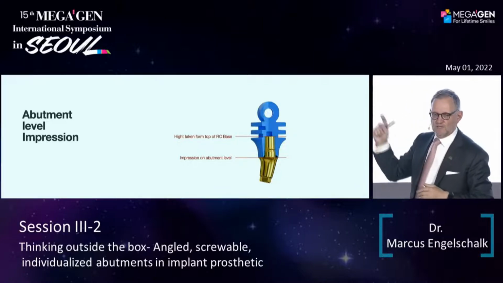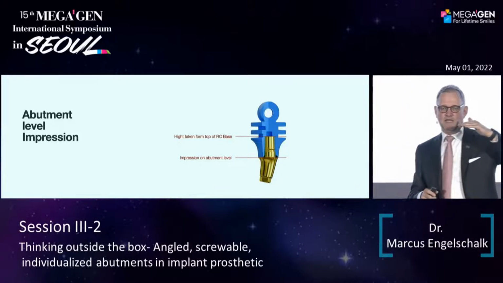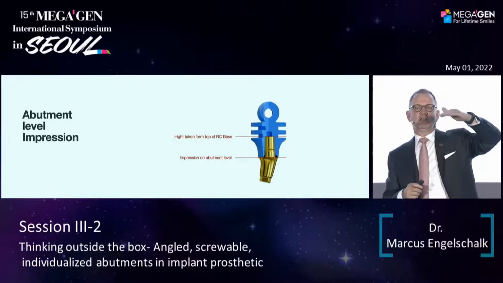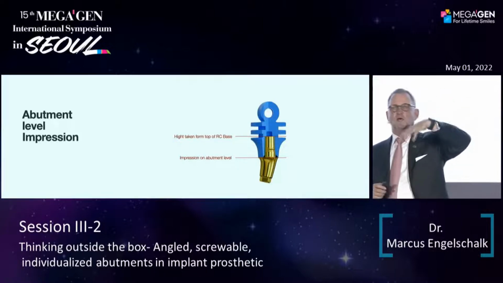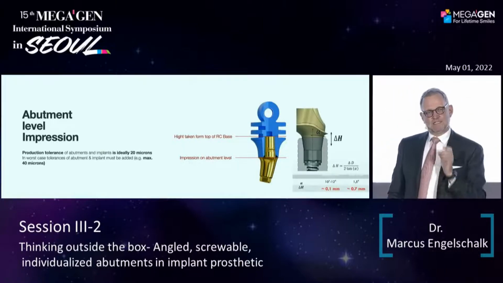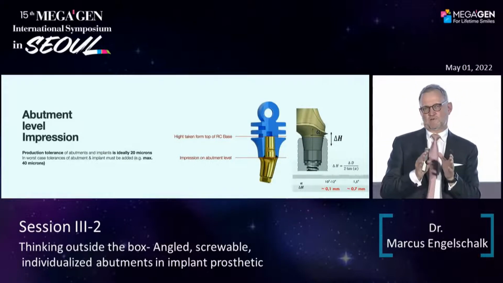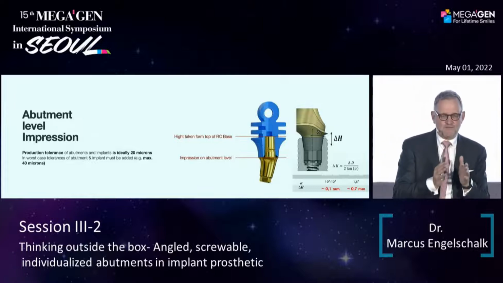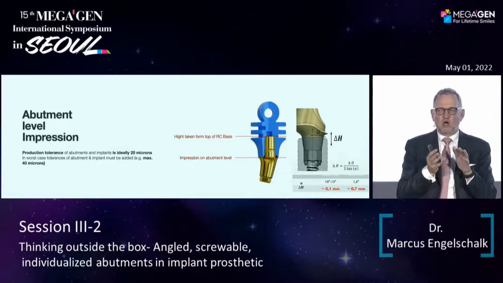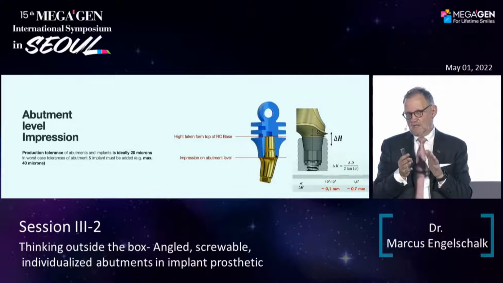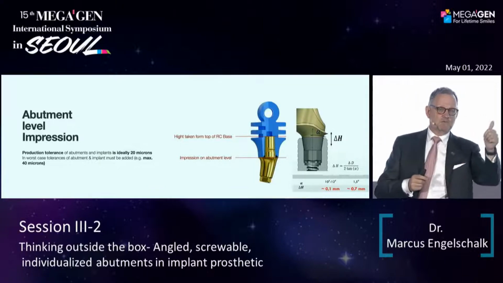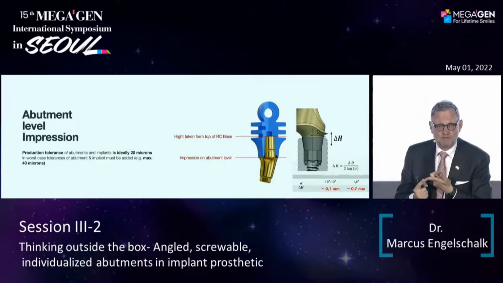Because we have the impression at abutment level and we have the impression a little bit higher, so where to calculate. The thing is, even if we have very, very precise production workflows for the implants, we have to deal with some tolerances. And you have to deal with these tolerances for the implants and for the abutments.